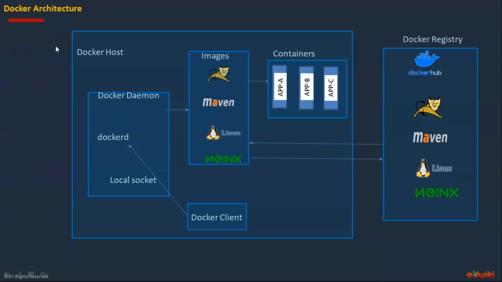We don't need to use the Docker CLI outside of my Docker host. I'll use my Docker client CLI within the same box itself, so I will not use any port number. It can connect to the Docker daemon using the local socket. I don't need to do any further configuration; straight away it can work for you.